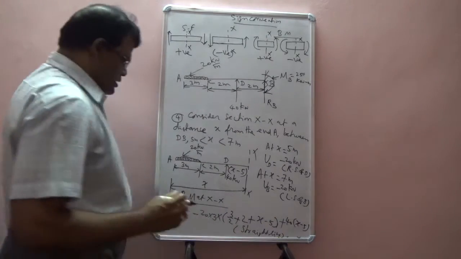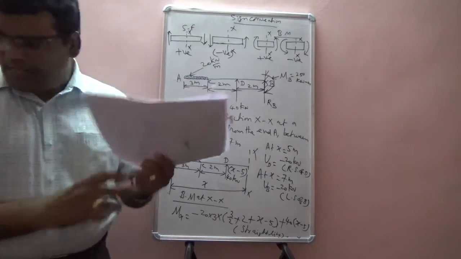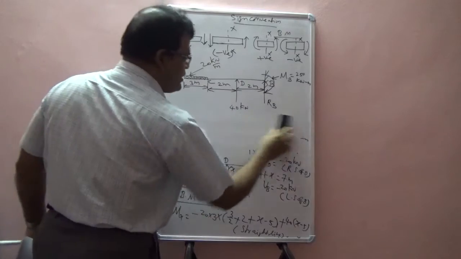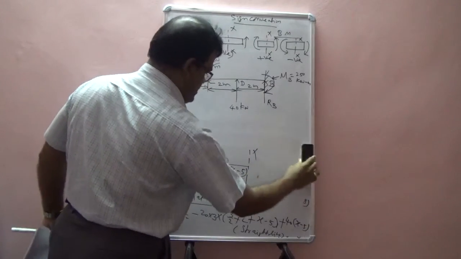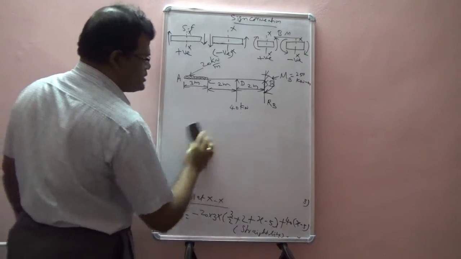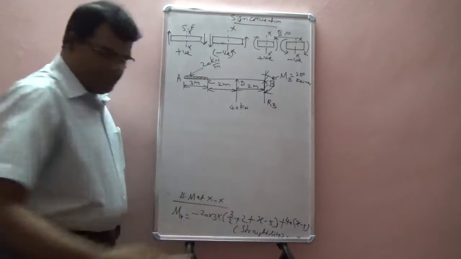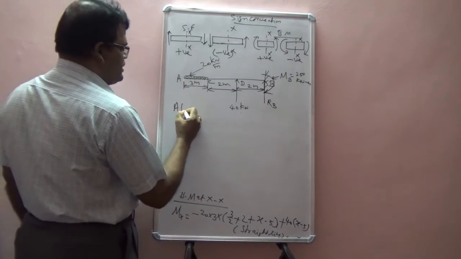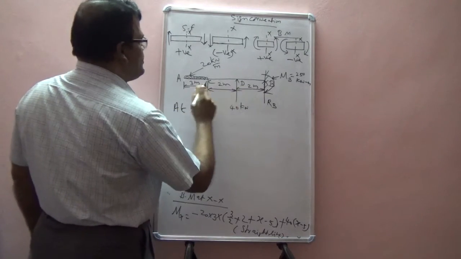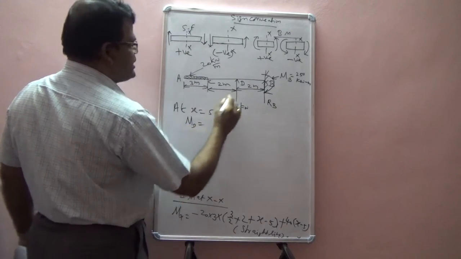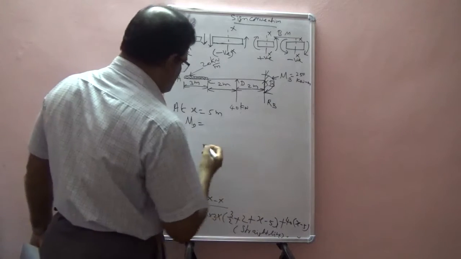Now substitute the boundary condition to get the values at point D and then point B. I delete this now because we already used it. So at x is equal to 5 meter, that is MD. Substitute x is equal to 5.